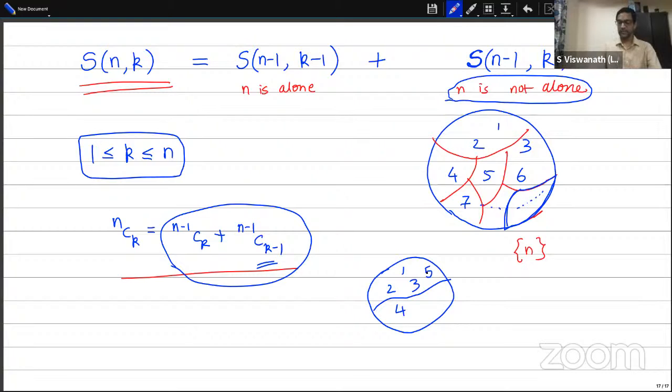Now when I delete the 5, what do I get? So here are 2 partitions of the set of 5 elements. In both of them, 5 is not alone. But when I delete 5 from each of them, I end up with the same partition of 1, 2, 3, 4.